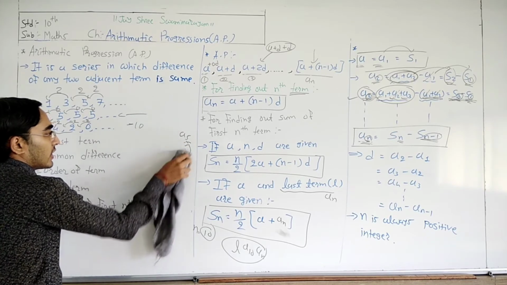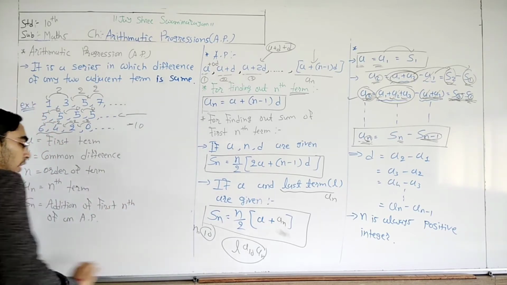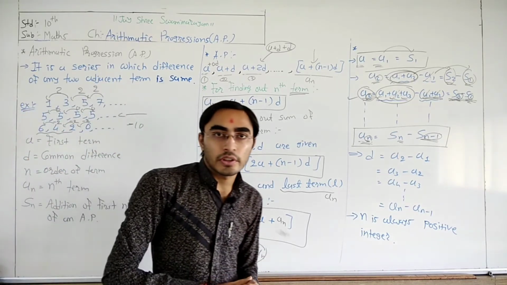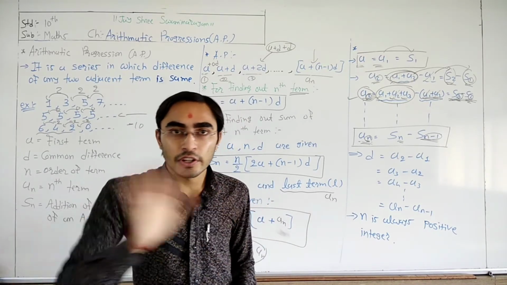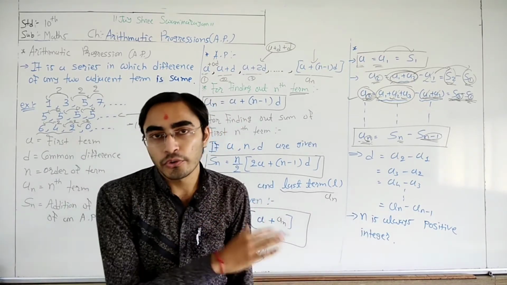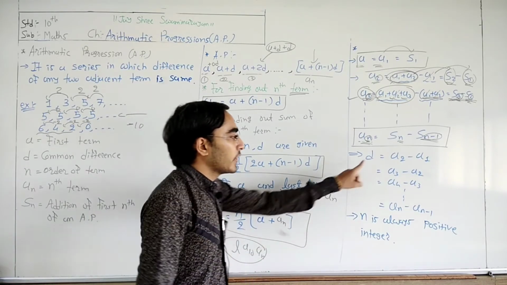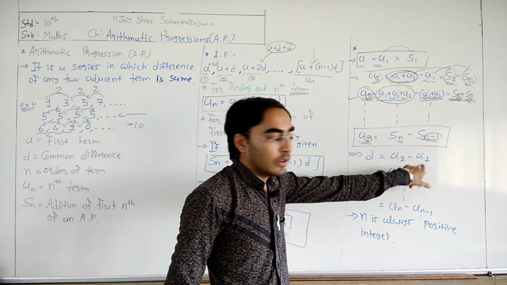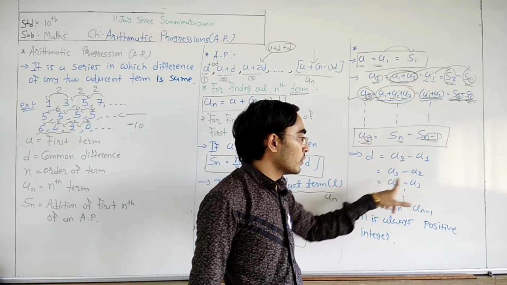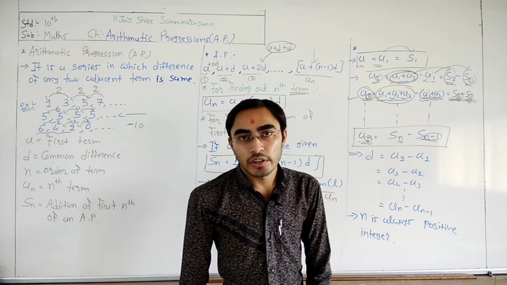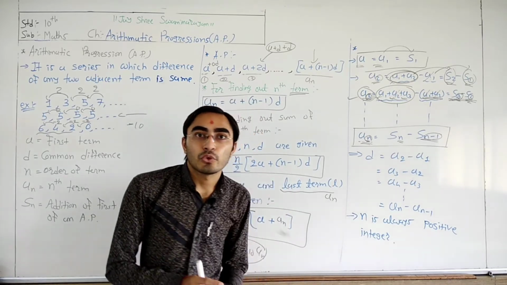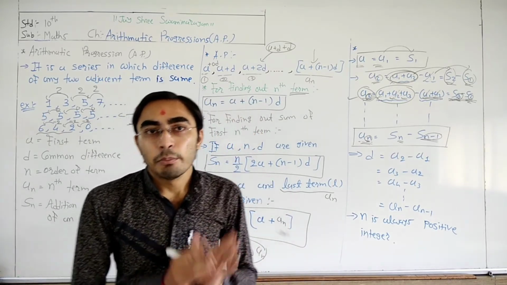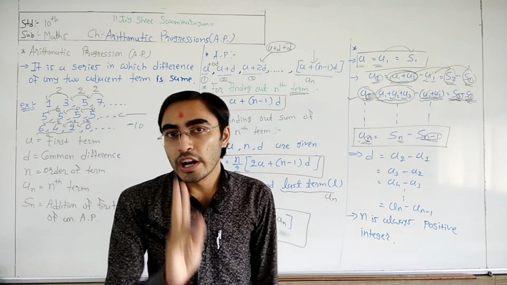You can take the difference of any two adjacent terms of the whole series. That means difference D is equal to A2 minus A1, is equal to A3 minus A2, is equal to A4 minus A3. In all the terms the difference D is the same. So you can find the difference D by subtracting any two adjacent terms.